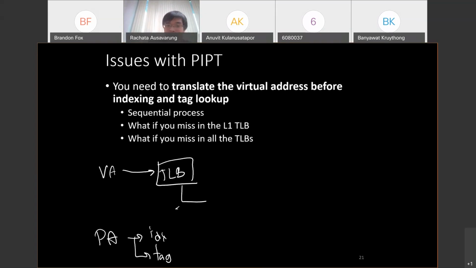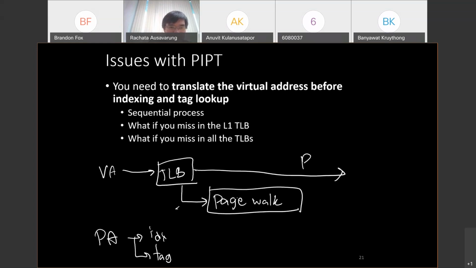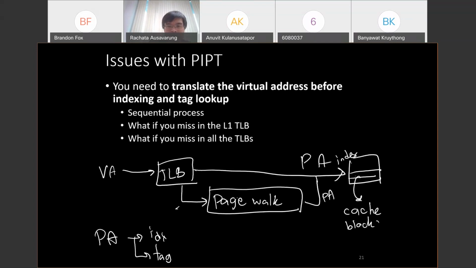If the TLB doesn't give you the physical address, you do a page walk. So these are the cache blocks, which will then be used to compare the tag.